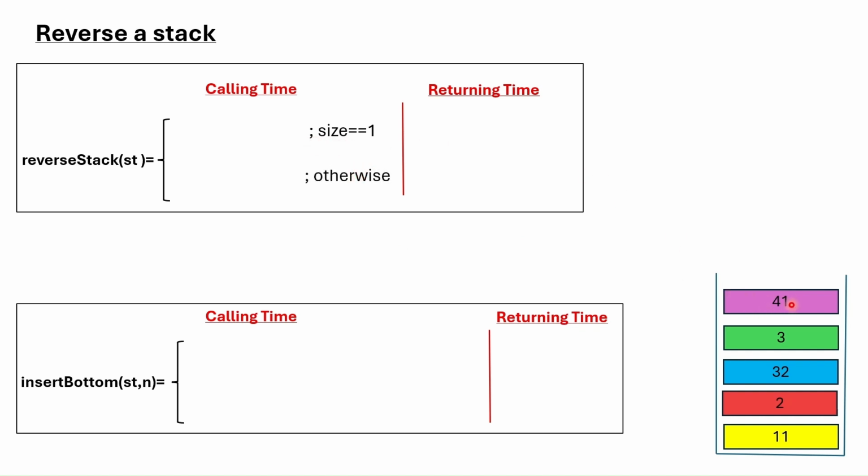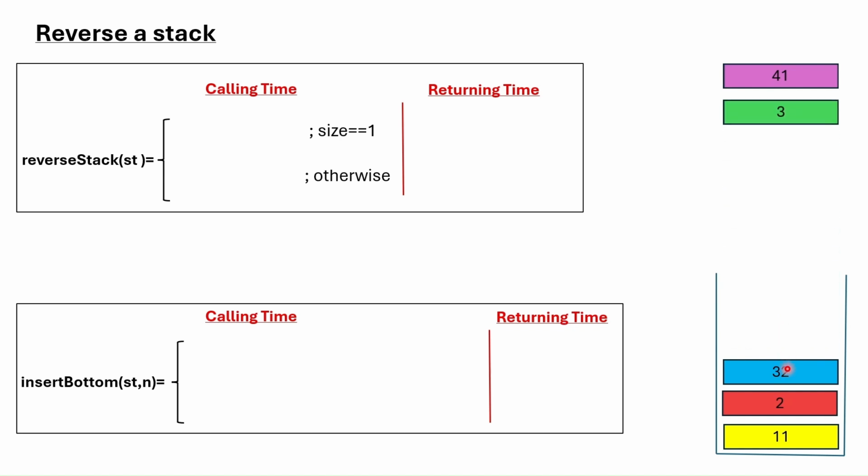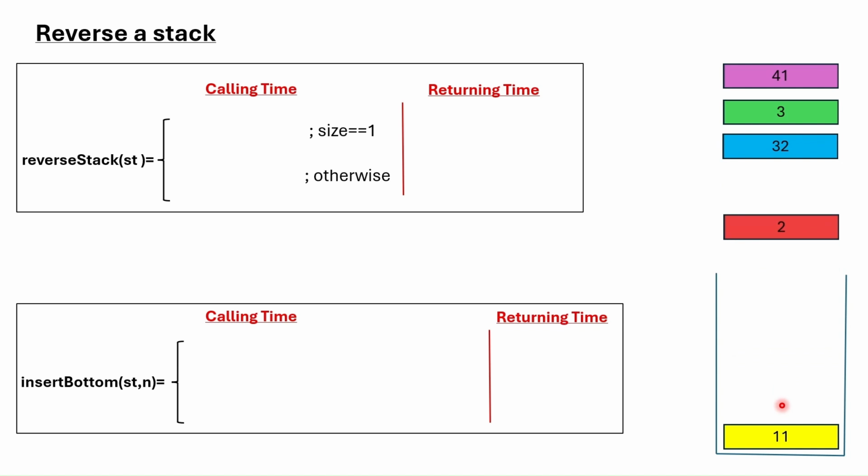Does the size of this stack equal 1? No. So we put the top in a temporary variable and we pop. Does the size of the stack equal 1? No. We pop. Does the size equal 1? No. We pop. Does the size equal 1? No. So we pop.